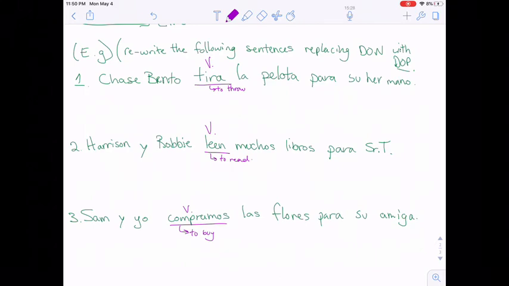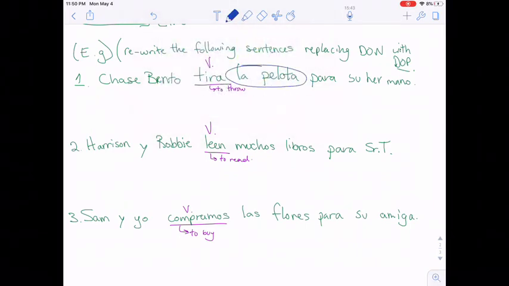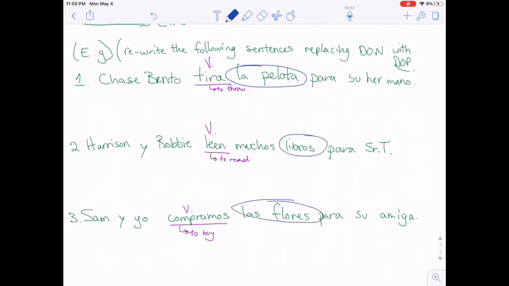Chase Benton. Tira la pelota. And then let's add something to the mix: para su hermano. I'm curious. Chase, do you have a brother? All right, number 2.